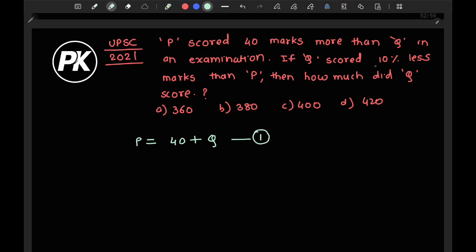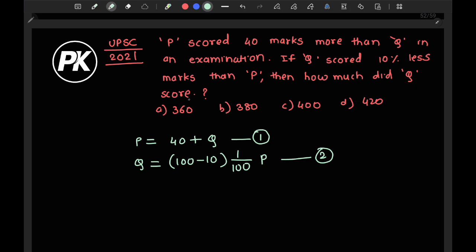If Q scored 10% less marks than P, that means we are comparing with respect to 100, right? Percentage, should I write 90 by 100? Less compared to P. So this is my second equation.